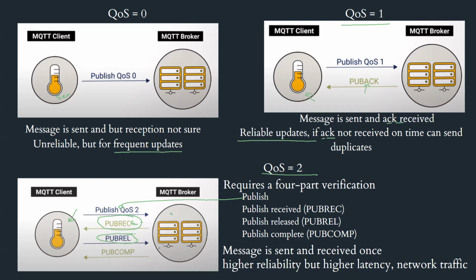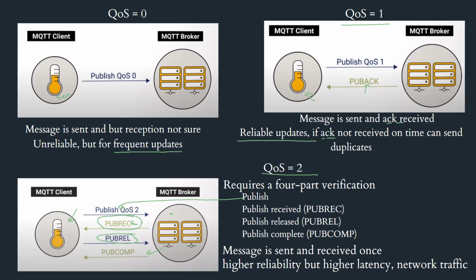Therefore, the MQTT broker sends the publish complete message to the client. There's 4-part verification in this method, and this kind of method is used to ensure the transmission of very important data from the sensor-based embedded system to the MQTT broker.